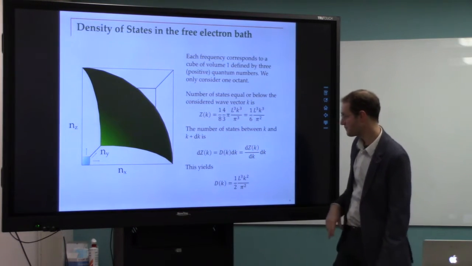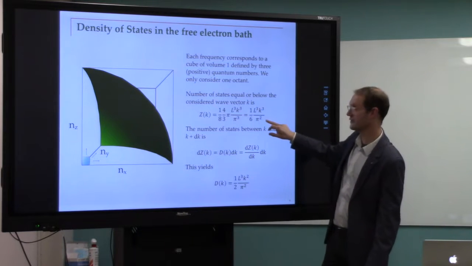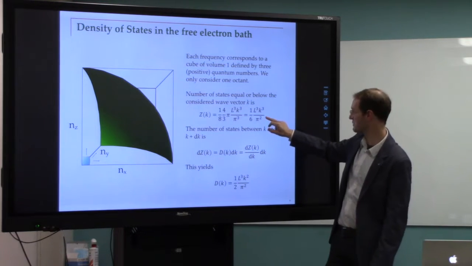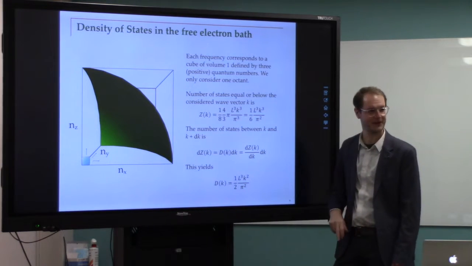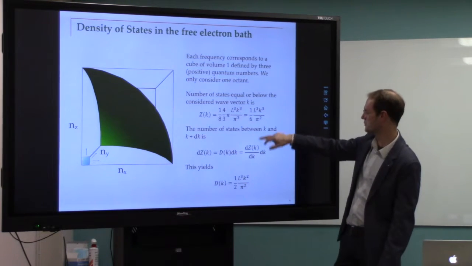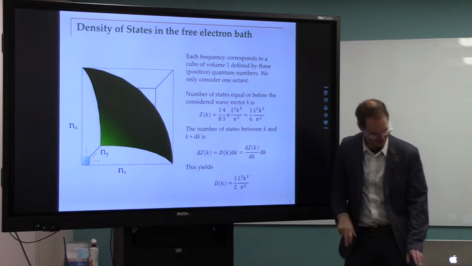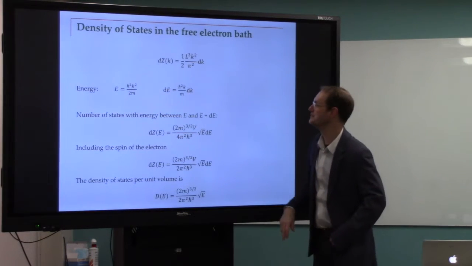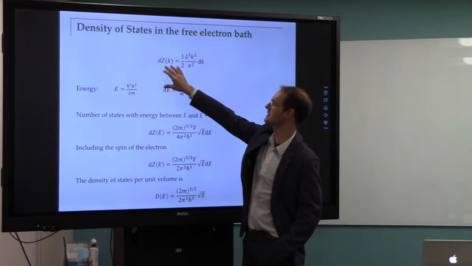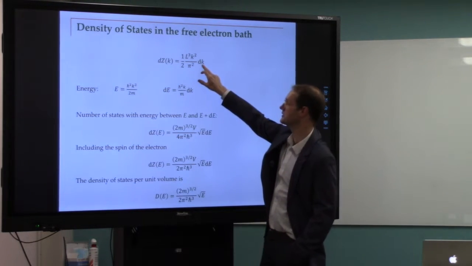And so if you take a derivative of this expression here, then you get something that goes as k squared, right? Because we're taking the derivative of k cubed with respect to k. And so now we have a density of states in terms of the wave vector, right?